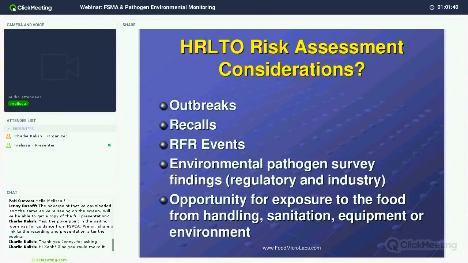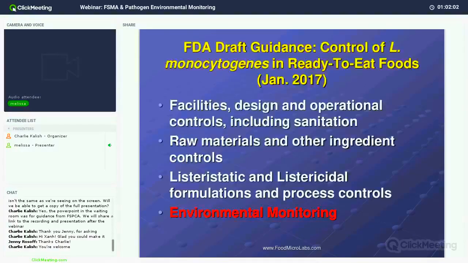When you consider all of those potential routes of entry in your risk assessment, there are very few foods that would not be included in the requirement. Foods that have post-lethality exposure to the environment, which are ready to eat, are among those that the requirement applies to.